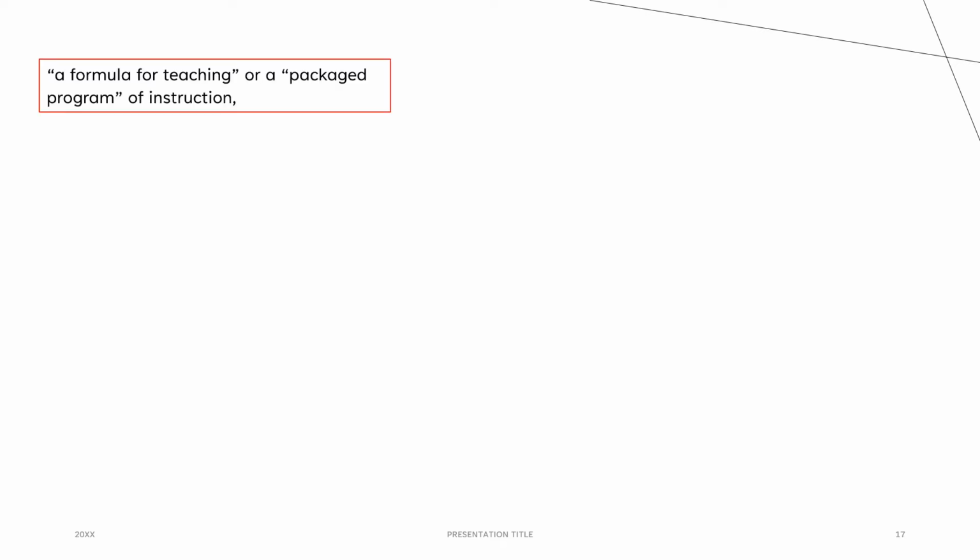Although initially Kuhlthau did not consider the model a formula for teaching or a packaged program of instruction, school librarians were quick to find value in the straightforward description of the ISP that the model provides.